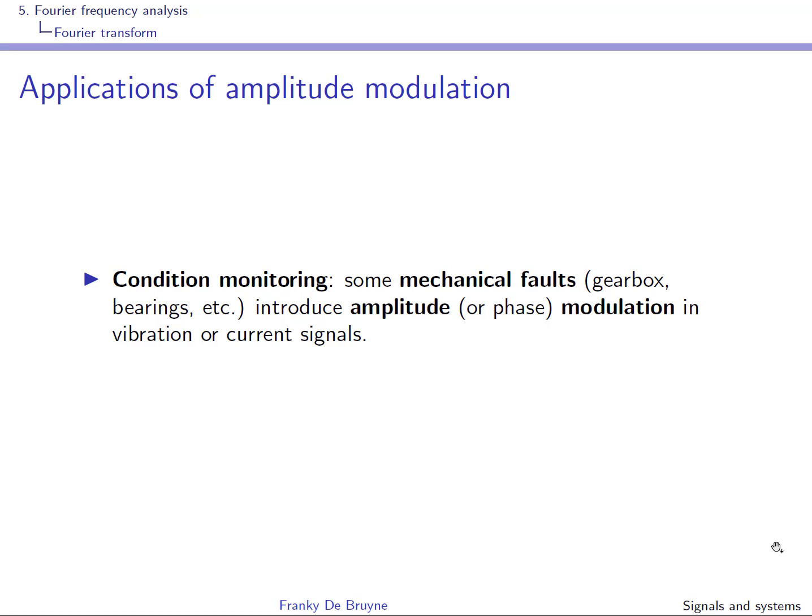These impacts excite structural resonances, and this results in amplitude modulation. So the signals are picked up using a vibration measurement, and you then have to do amplitude demodulation before you can see the fault appearing in a spectrum. This is what I've shown you at the beginning of the course.